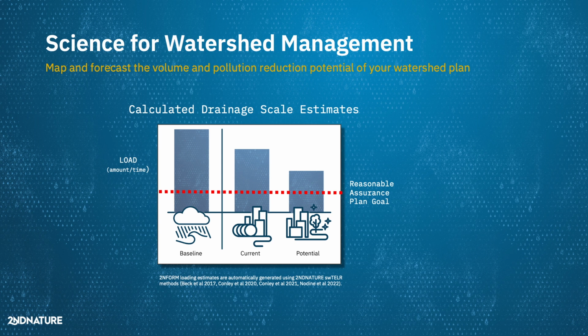One of the things that we're going to show you is the ability to take a baseline assessment with no infrastructure, and then add your infrastructure to that, and then look at your potential plans and how they can alleviate and help you further reduce your loading. And I think for many of you, that probably fits in line with your reasonable assurance plan goals that you probably are setting on an annual basis with your regulator or across the term of your permit. Wilson, how about if we demonstrate that scenario planning capability?